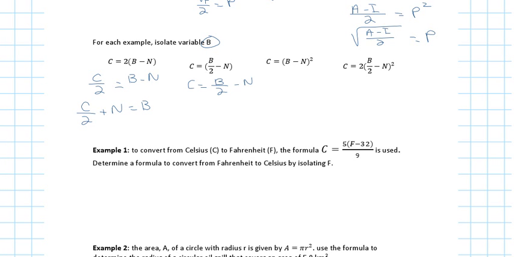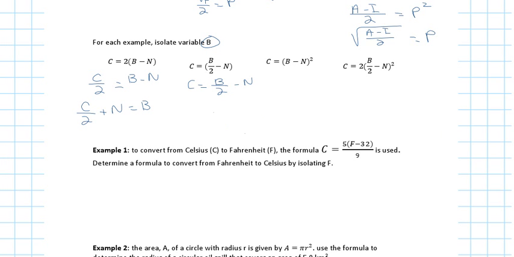Now, there is a difference between, eyes on me for a second, don't write this, there is a difference between this and multiplication, because the whole thing is divided by 2. Okay?